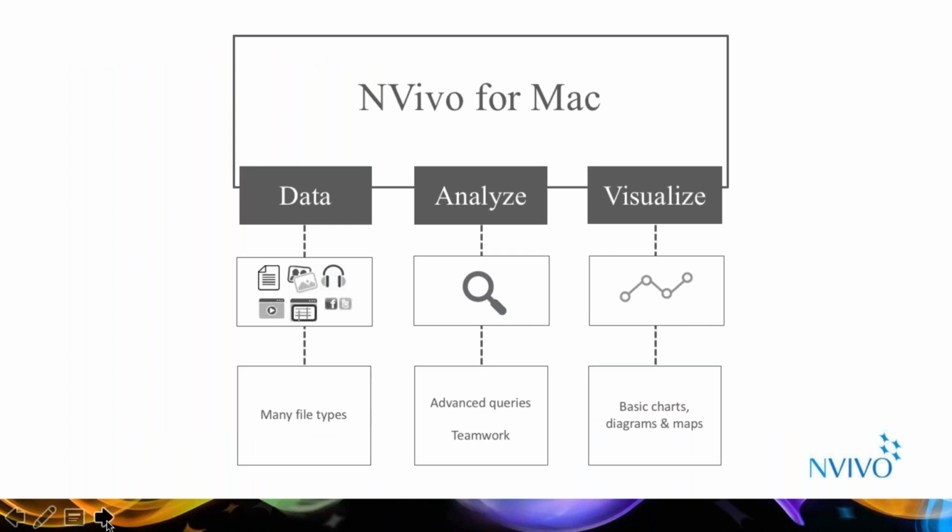With NVivo for Mac, you can work with a number of different data types. Once you bring them in, there are abilities to analyze your data using queries, advanced queries, and with the newest version of NVivo for Mac, you can actually merge Mac projects together, so that you could have 2 or 3 people working on a project and be able to merge those projects together to look at the work that was done across the entire team.